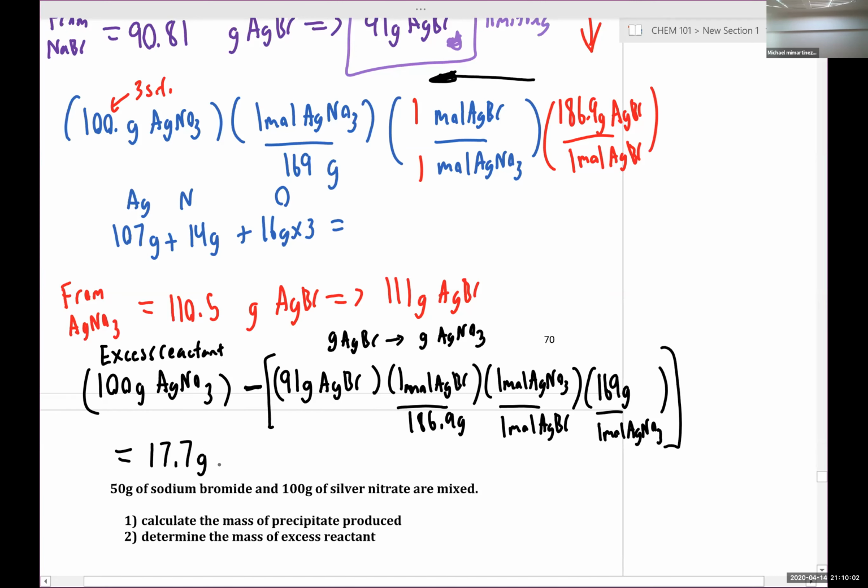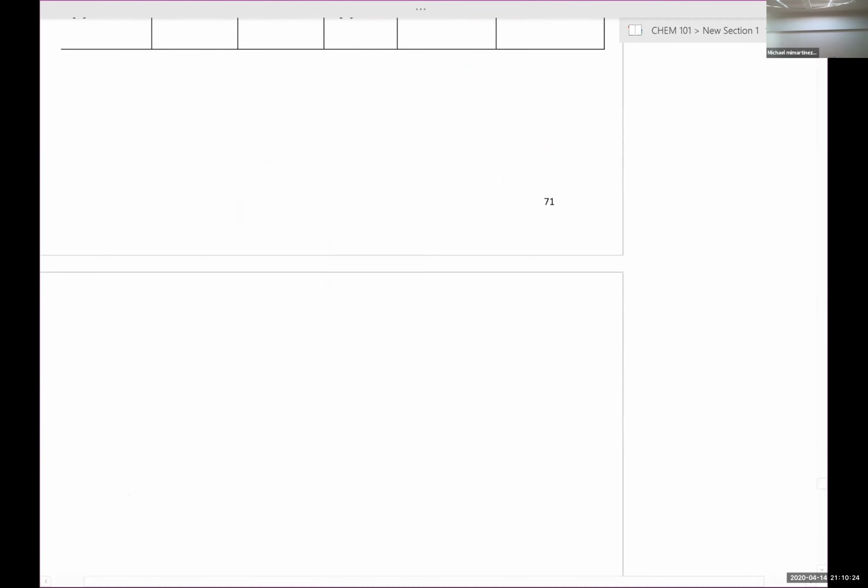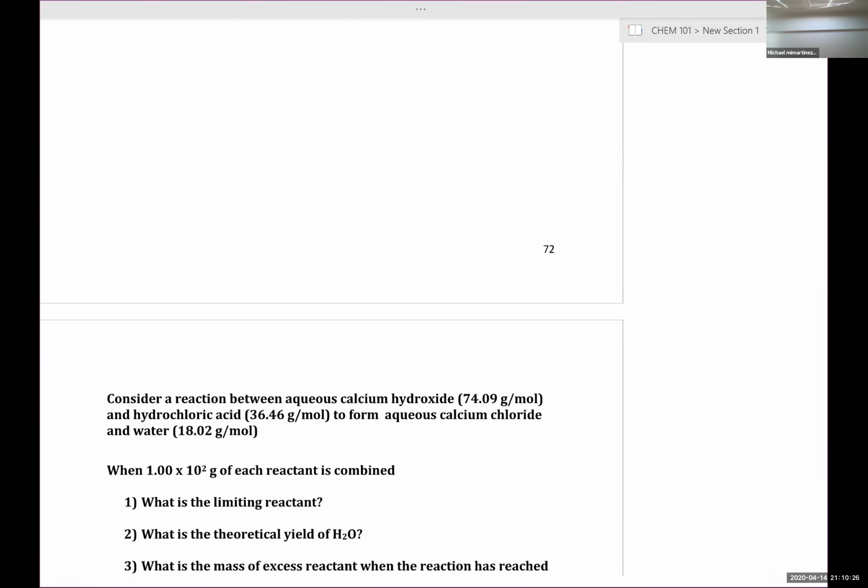So we have 17.7 grams of silver nitrate remaining. Perfect. Any questions on this example? If not, let's try another problem. Let's keep doing some examples just to reinforce this concept.